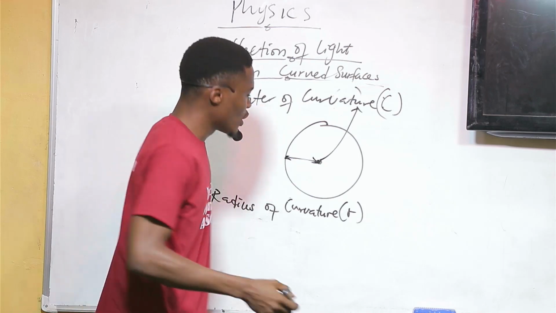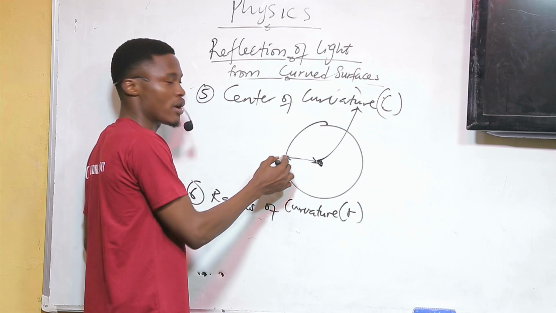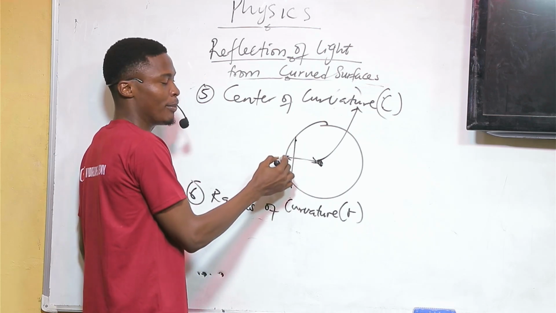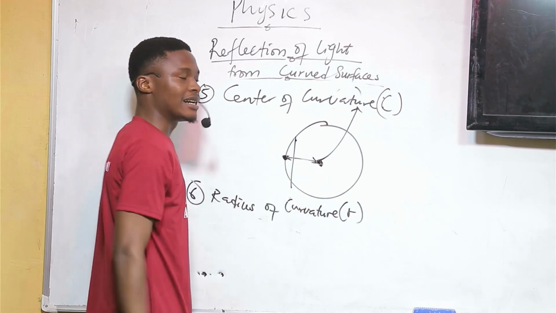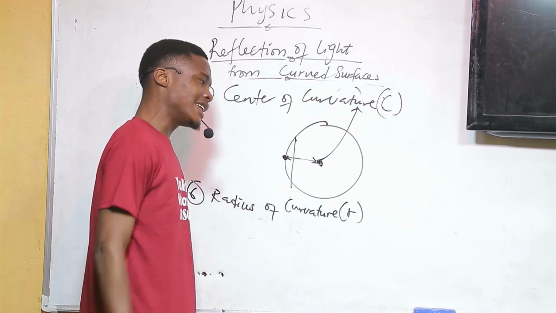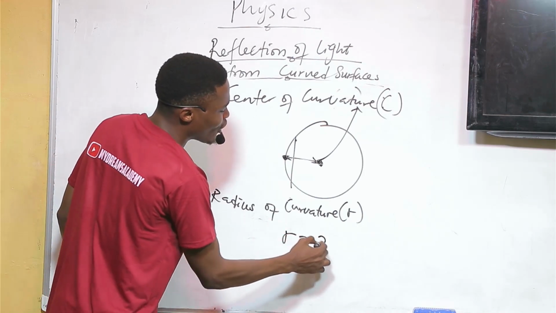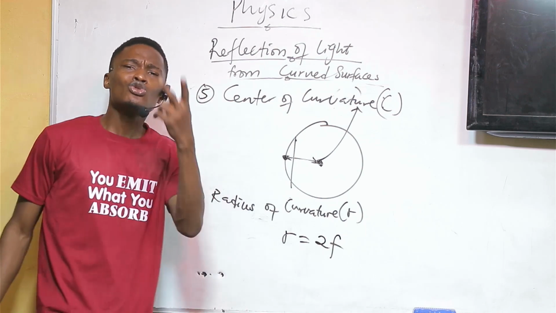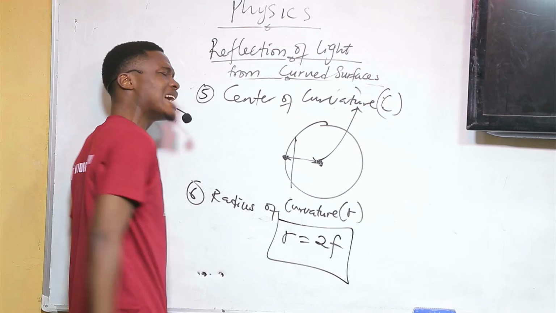We said that radius of curvature is the distance between the center of curvature and the pole of the mirror. This is the pole of my mirror. You should know this formula, that radius of curvature is 2 times f. Very important.